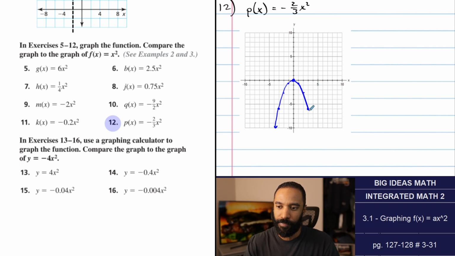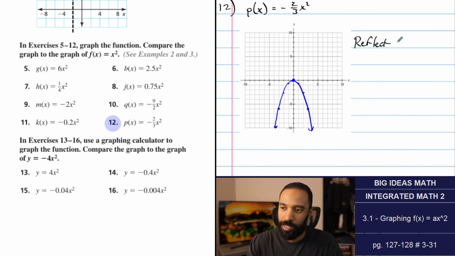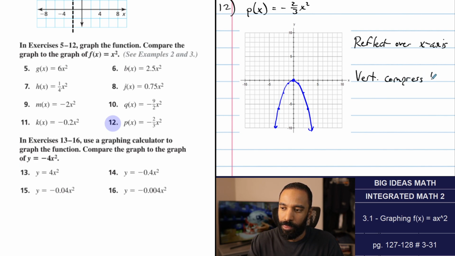Reasonable enough, I'd say. Reflect over the x-axis one more time, and it is a vertical compression since it's less than 1. Vertically compress by a factor of 2/3.